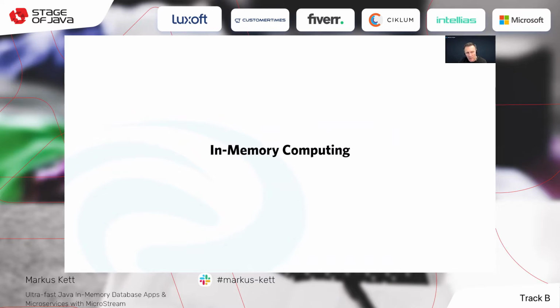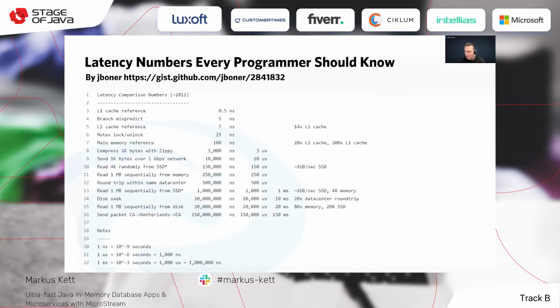With in-memory computing, we can try to solve this core problem. And why should we use in-memory computing? Now let's have a look at these beautiful numbers here. It's from Jonas Bonér on GitHub. Here we can see in-memory computing is really fast.